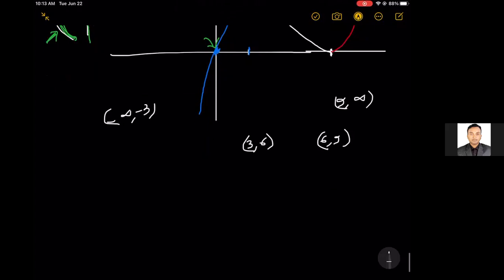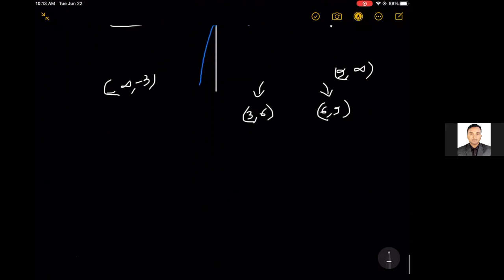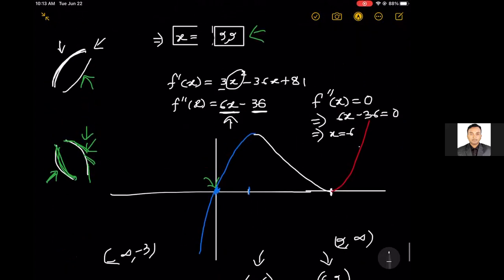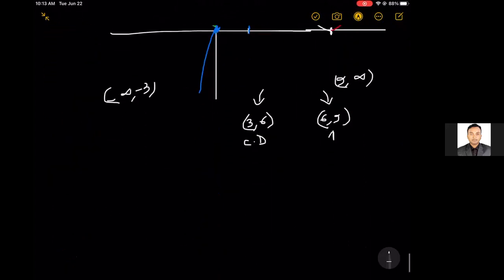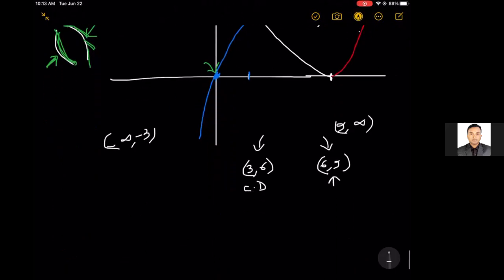All we need to check is these 2 intervals. We picked 5, right? And it was negative, so it will be concave down for this part. And if we pick 7, let's say, 42 minus 36, it will be positive. You're right. There will be a change of direction somewhere here.